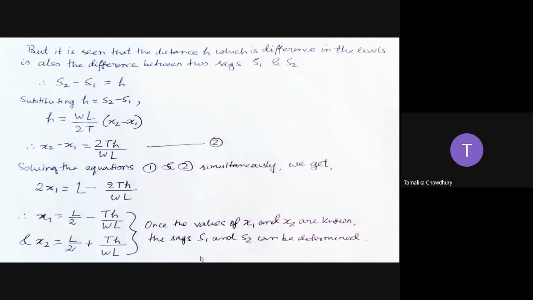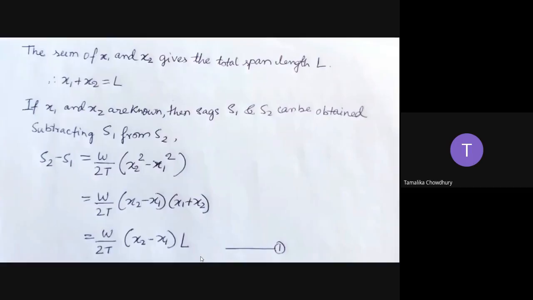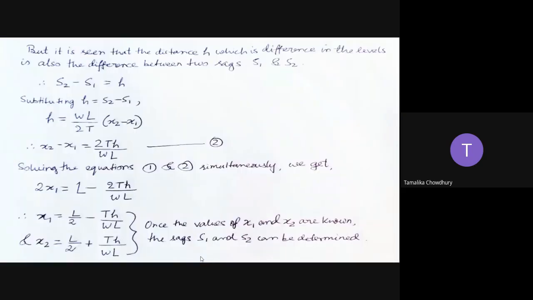Now I'll finish quickly. As I said, S2 minus S1 is equal to H. Now I am putting this in equation 1. In place of the left hand side S2 minus S1, I am putting the value of H. So it becomes H equals W L by 2T into x2 minus x1.